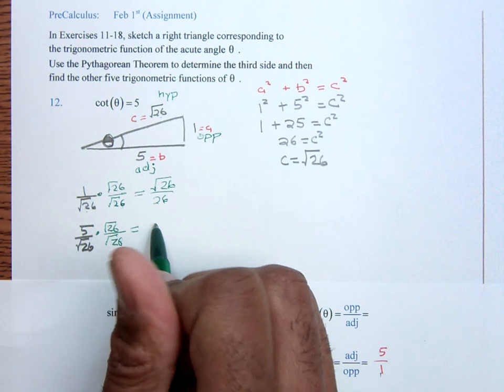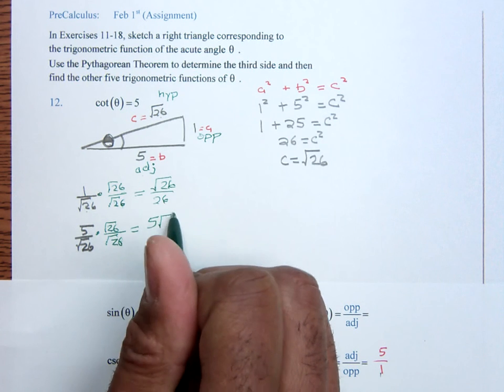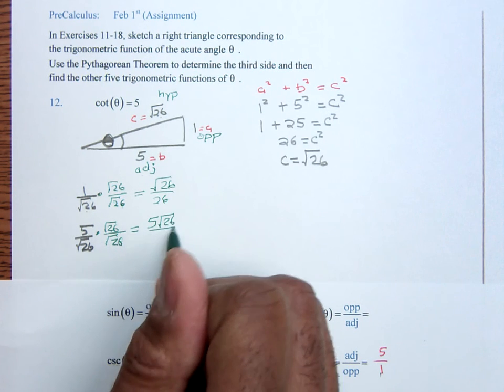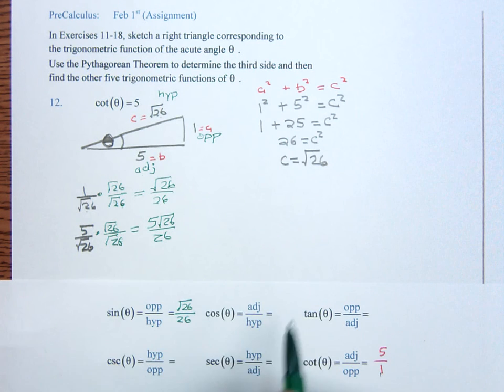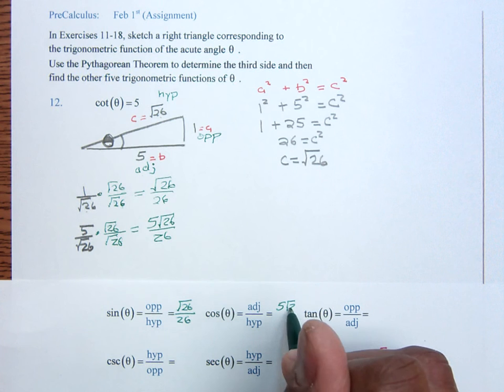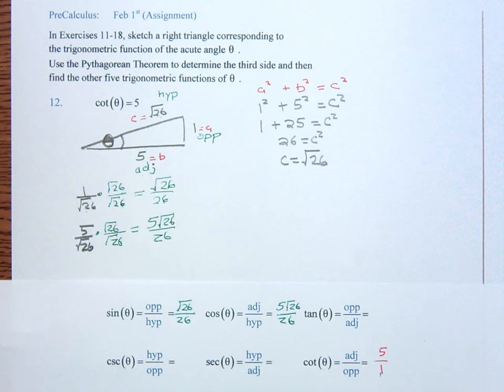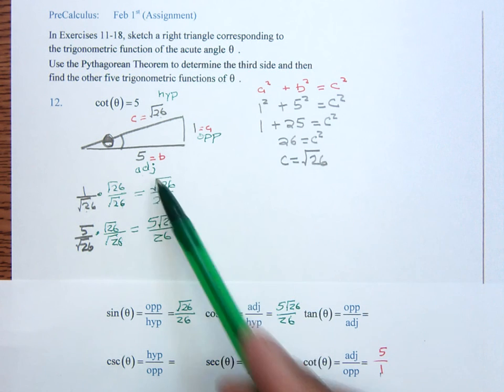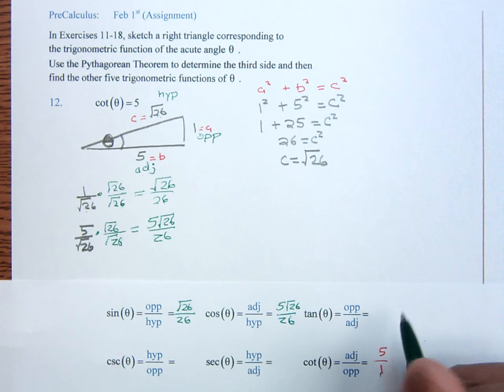And that will give us 5 root 26 over 26. For the tangent, we want the opposite over the adjacent. We can also just reverse these. The opposite is 1 and the adjacent is 5, so 1 over 5.